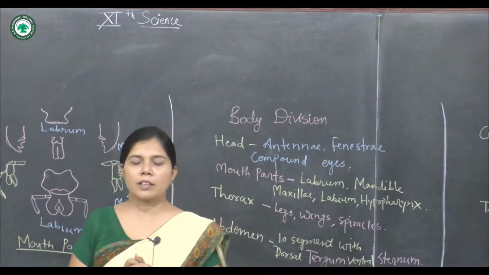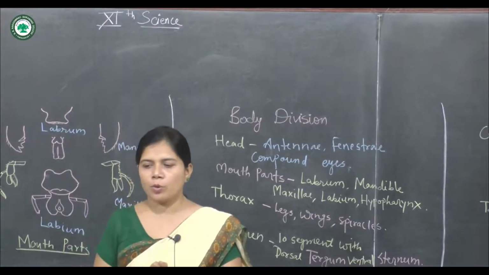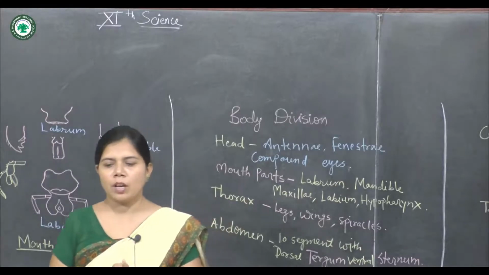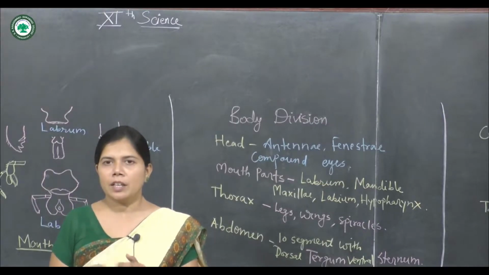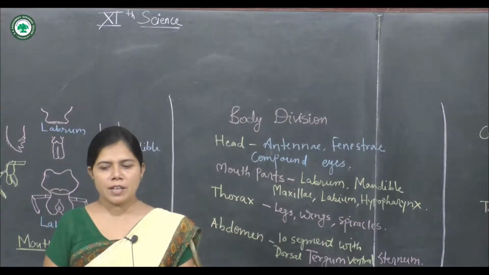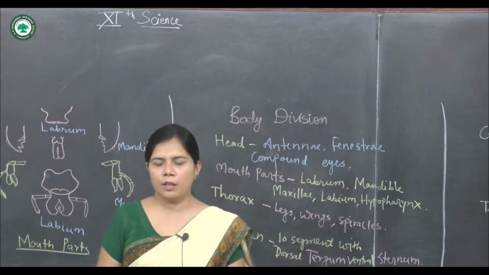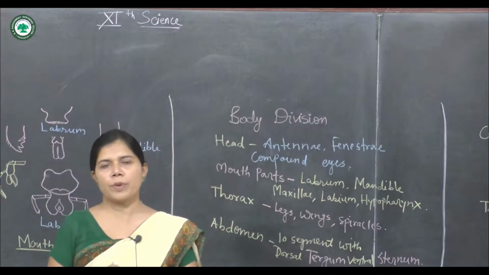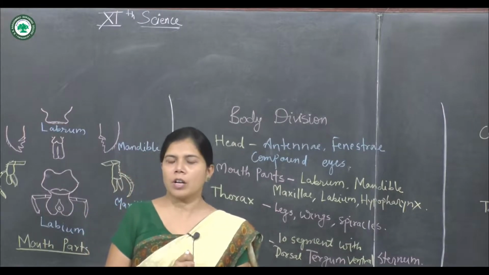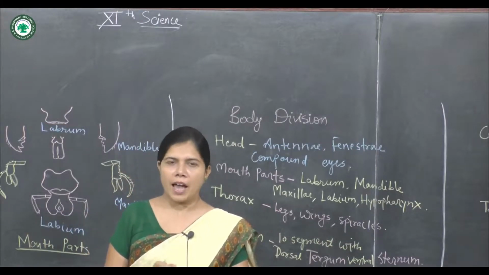The 10th tergum also bears a pair of small, many jointed cerci. In the male, the abdomen is narrow and tapering compared to the female, and the 9th sternum also bears a pair of short, unjointed anal styles.